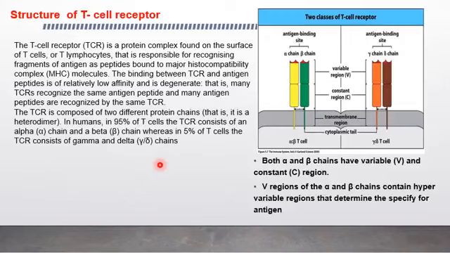So we want here to understand the structures of the T cell receptors. If you look here, this is the T cell, okay? Here the T cells, and we've got here the receptors of the T cells. So we've got two kinds of the receptors.